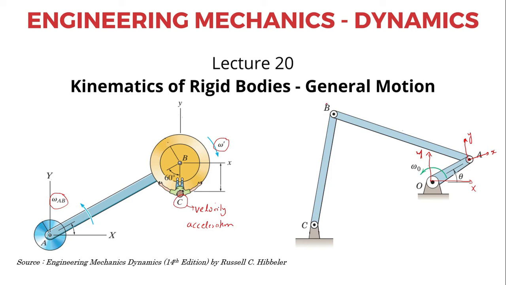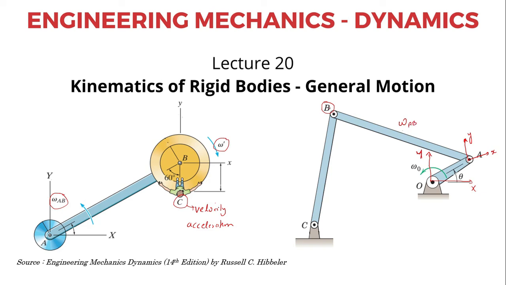The point B here, if you want to find the corresponding velocity and acceleration of point B, then remember one thing, that AB itself will be undergoing an angular velocity omega AB.